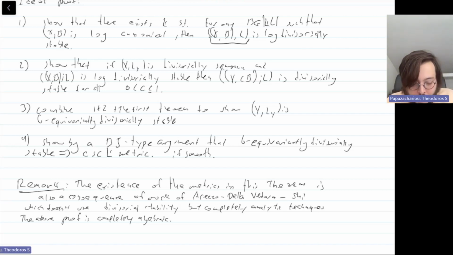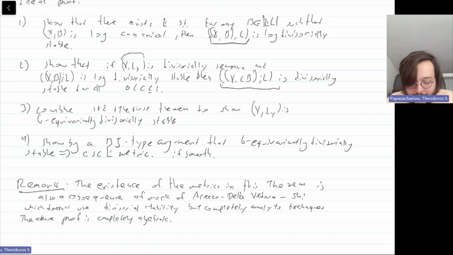And then you use the interpolation technique, where if you assume that the pair (X, LX) is divisorially semi-stable and that this is log divisorially stable, then the log pair (X, cB) is also divisorially stable for all values of c between 0 and 1, including 1, obviously. So this is essentially the interpolation step.